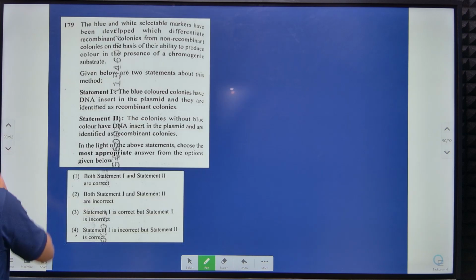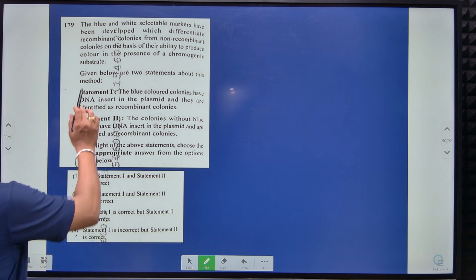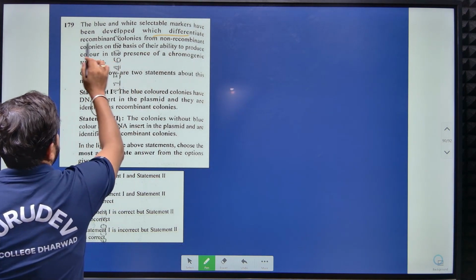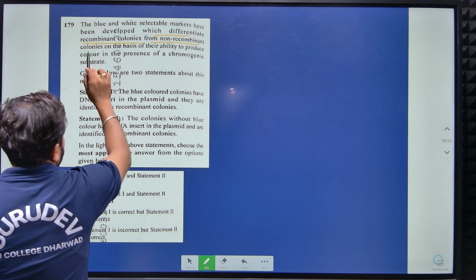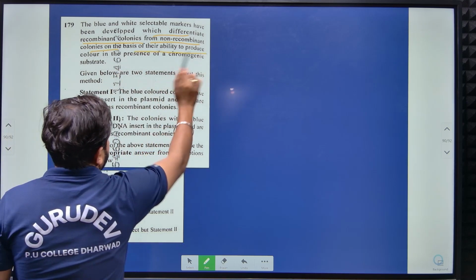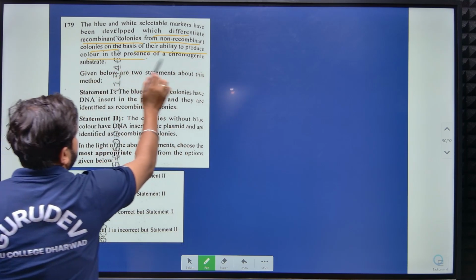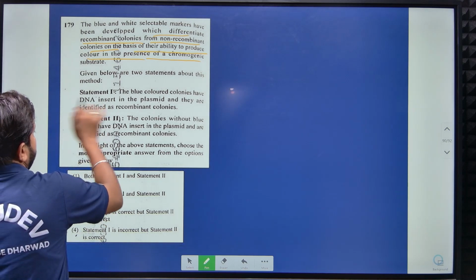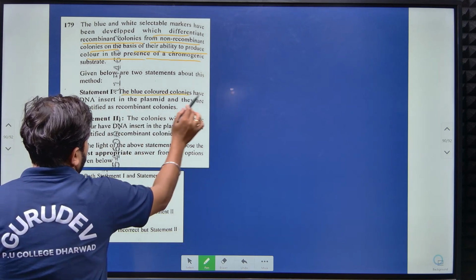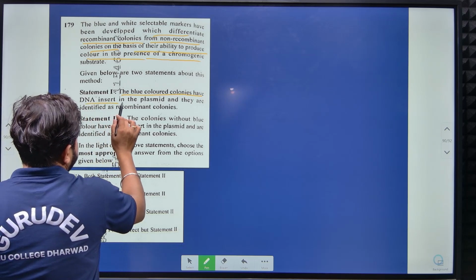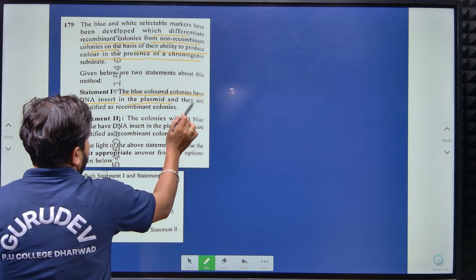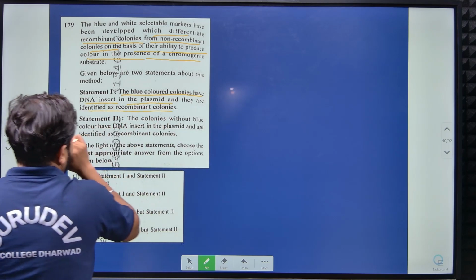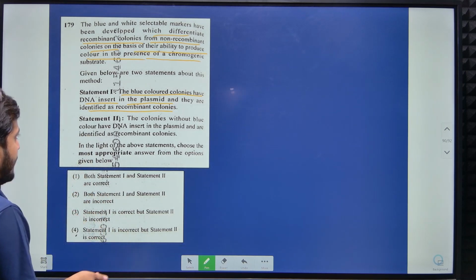Then moving on to the next: blue and white selectable markers have been developed, which differentiate the recombinant colonies from the non-recombinant colonies on the basis of their ability to produce color in the presence of a chromogenic substrate. Statement 1 says the blue colored colonies have the DNA insert in the plasmid and are identified as recombinant.